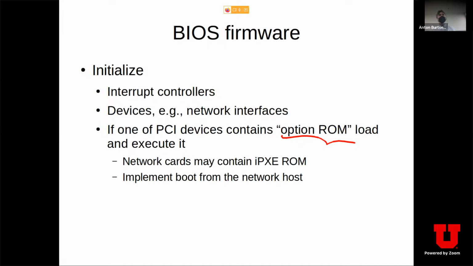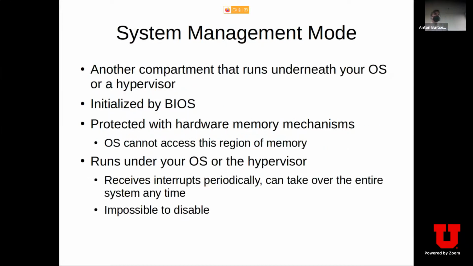Another interesting aspect is that Intel has a special execution mode, which I was calling ring -2. It's a protected region of physical memory. It's initialized once by the BIOS. BIOS loads something into that region, and this thing is always running.